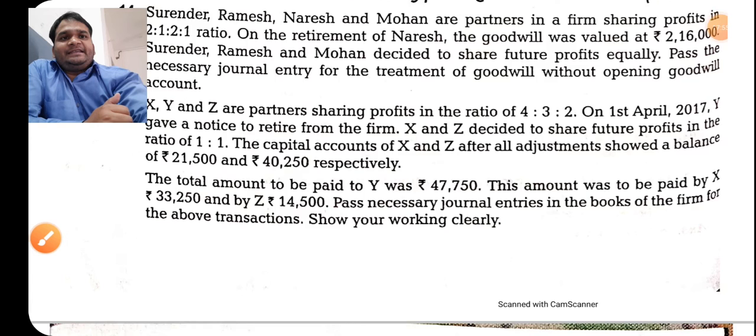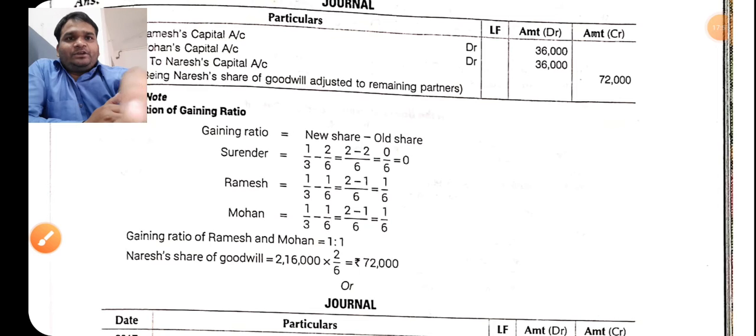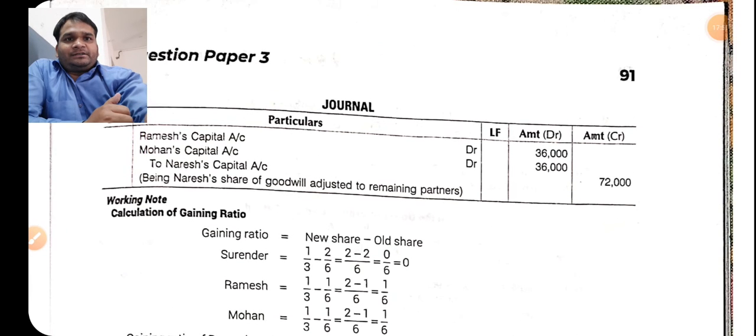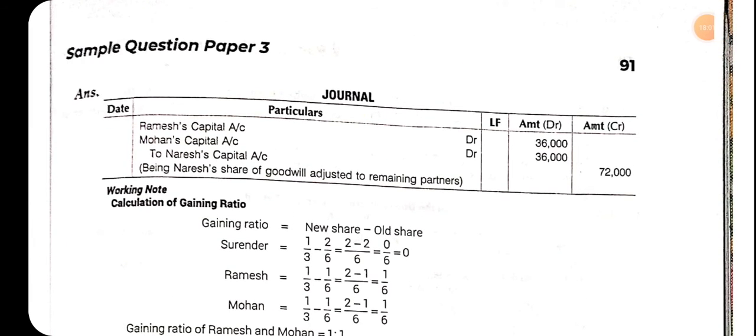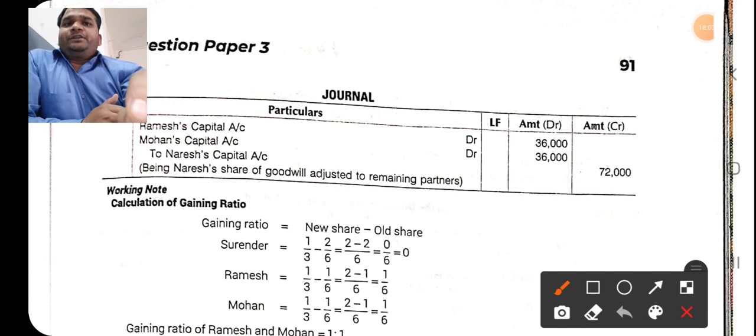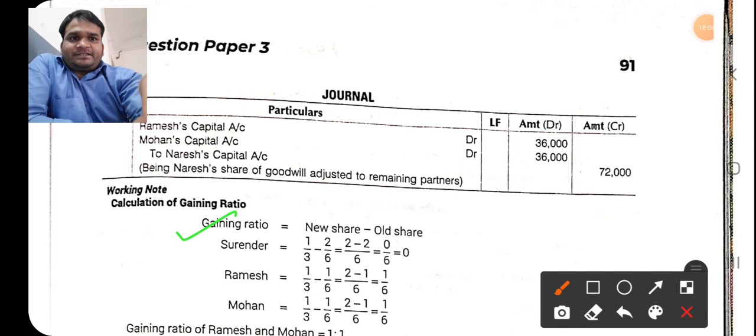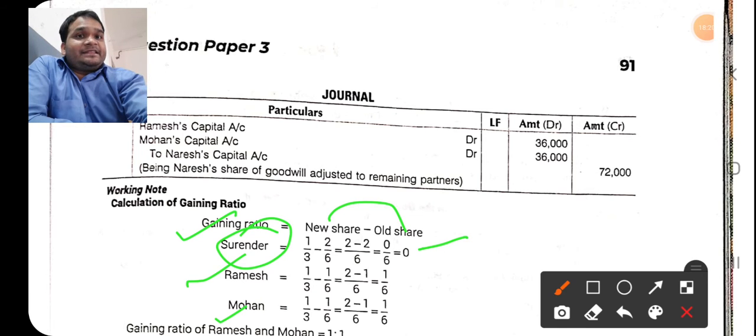You should always remember, whenever the partner's capital is reduced, it will always be debited. So let us see over here the calculation for this. The formula for the gaining ratio is new share minus old share. This is the normal LCM method that they have done. In this case, Surinder is gaining nothing, so Surinder will not pay anything. Ramesh and Mohan are the gaining partners and they are gaining in the equal ratio.